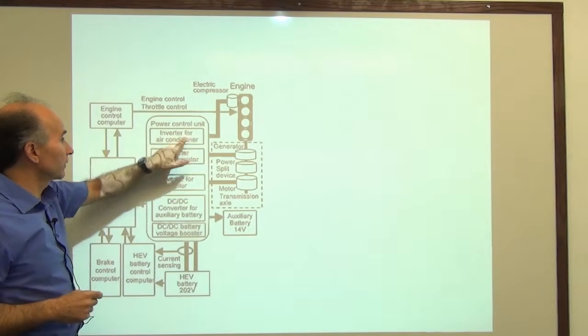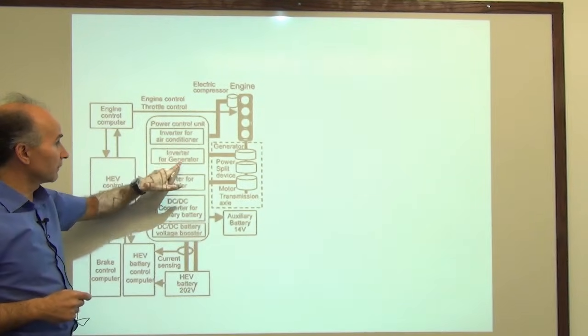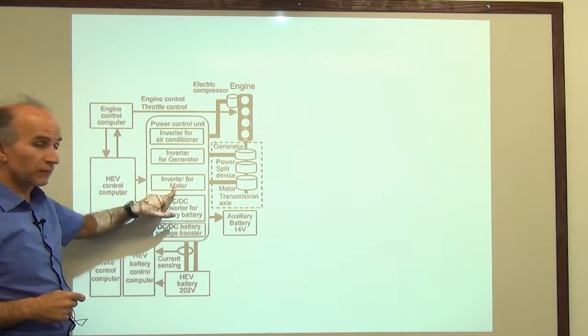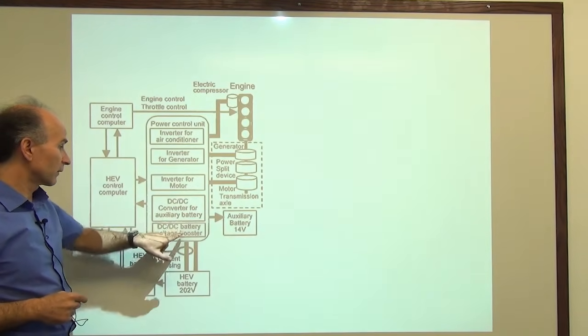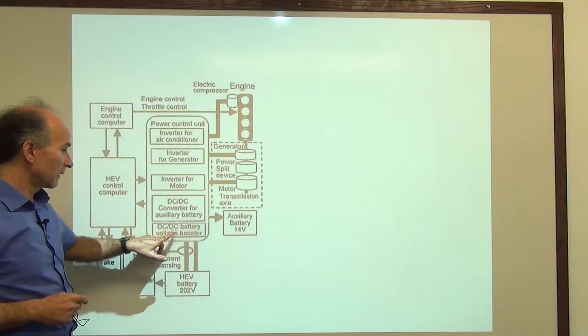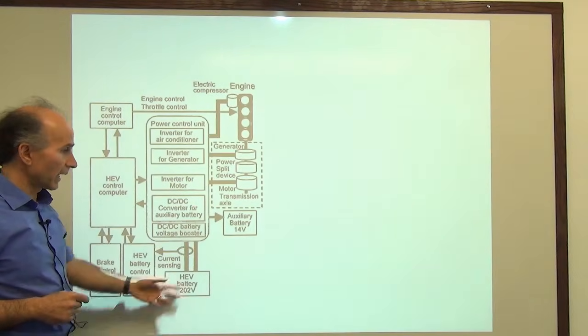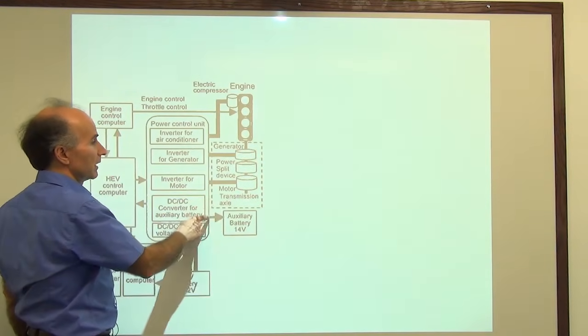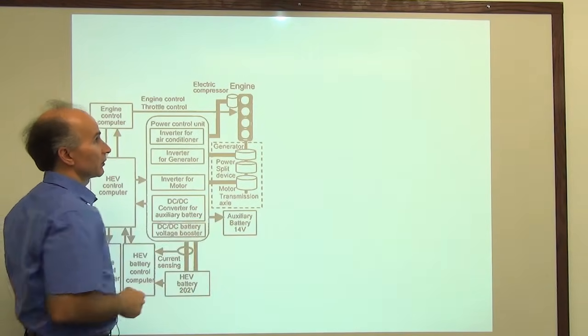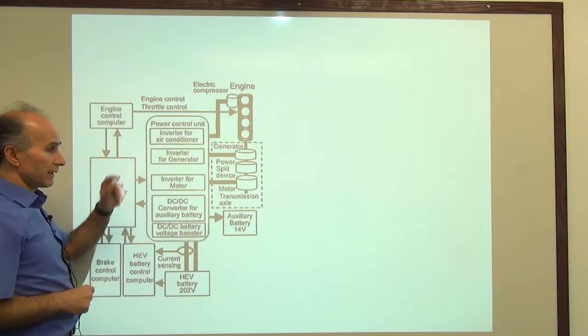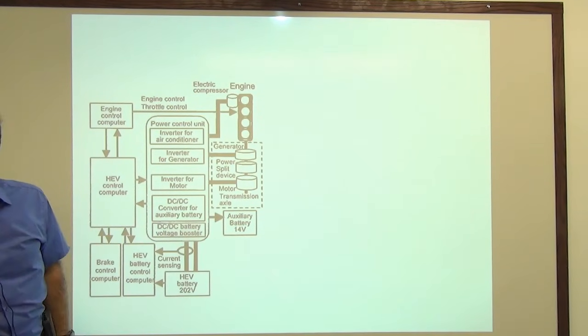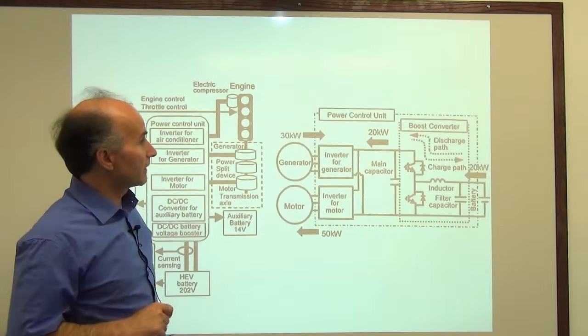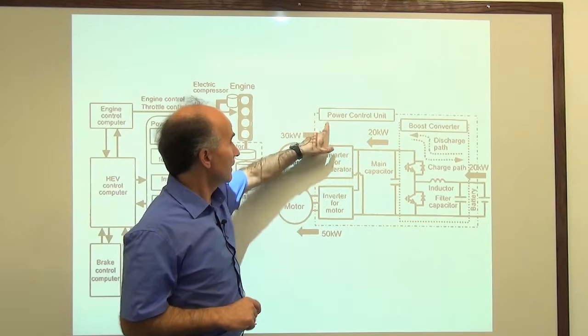So we have one inverter for the air conditioner, one inverter for the generator, an inverter for the motor, a DC-DC converter for the auxiliary battery, a DC-DC battery voltage booster, and so on. And I have another generator here that controls the motor and the transmission axle. So lots of stuff.